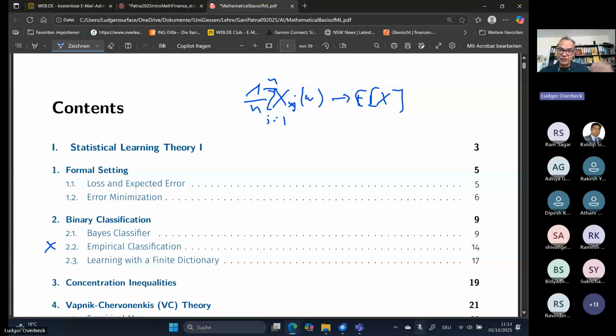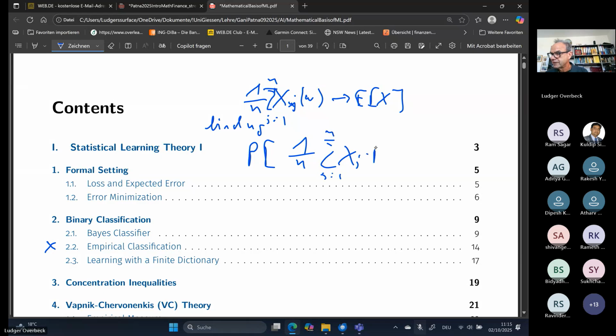But what you are interested in, in AI as you call it nowadays, is how much data you need. Find n(delta): if you have enough data, how many of these you need so that this is close to what you want to have.